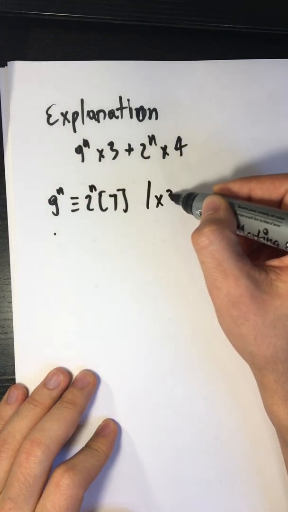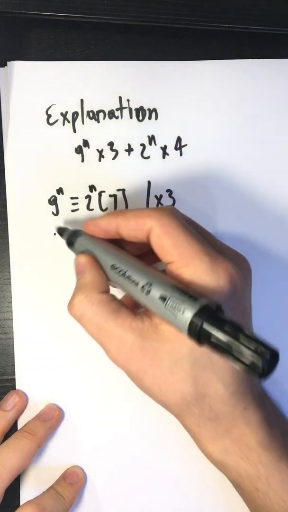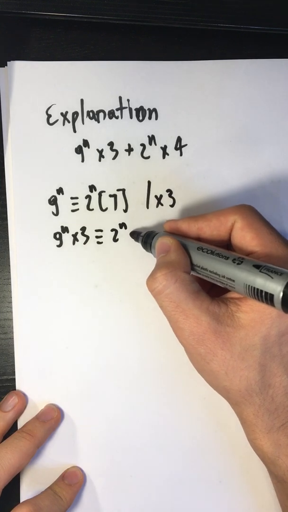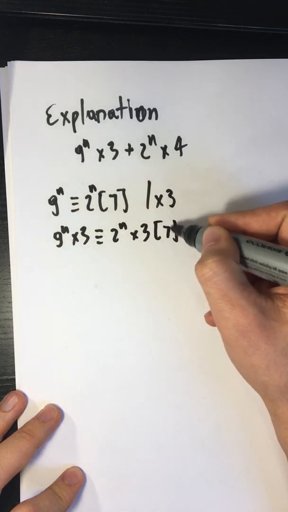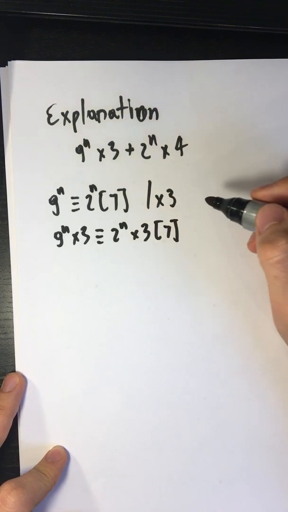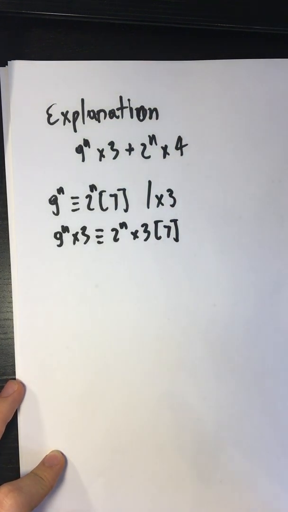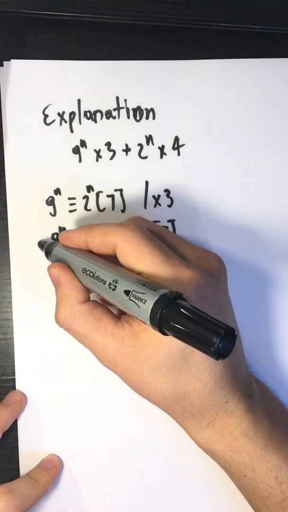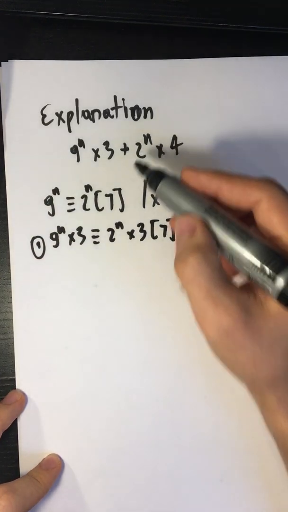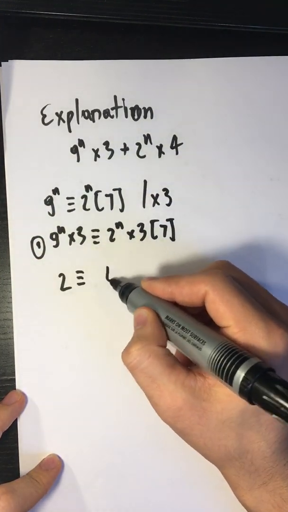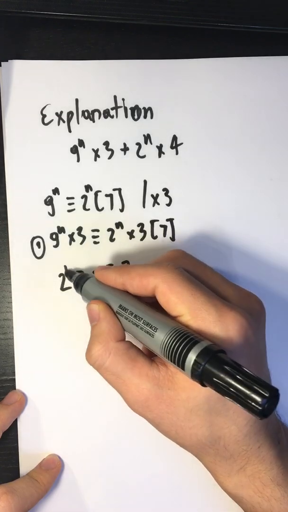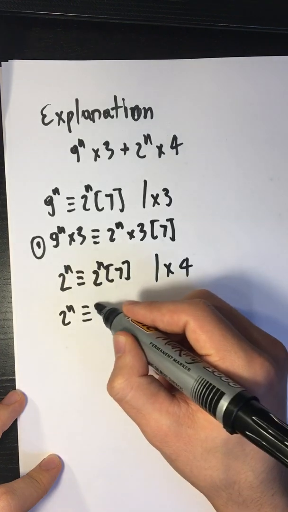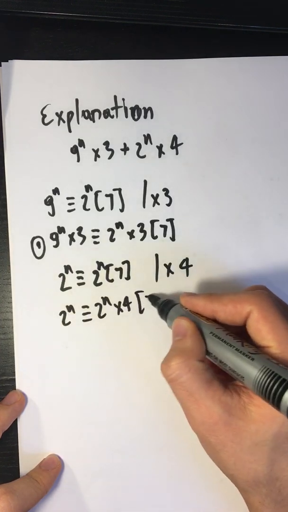Then I can multiply this by 3 according to the property of mod, mod 7. This is the first thing, and now I take this one. I have 2 mod 7 is 2, and to the n, and again I can multiply this by 4, and it's 2 to the n multiplied by 4 mod 7.